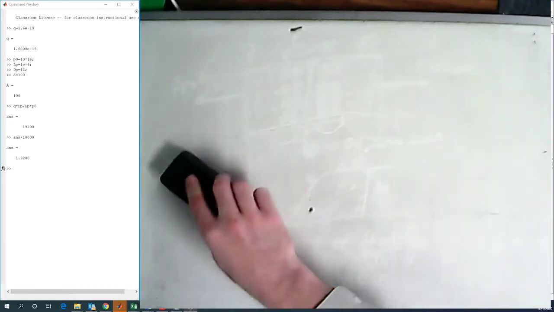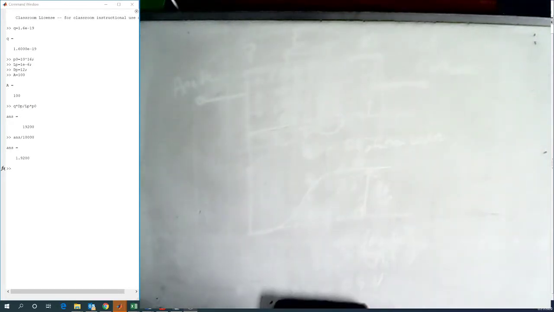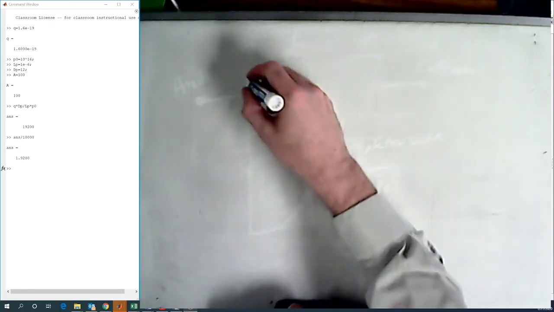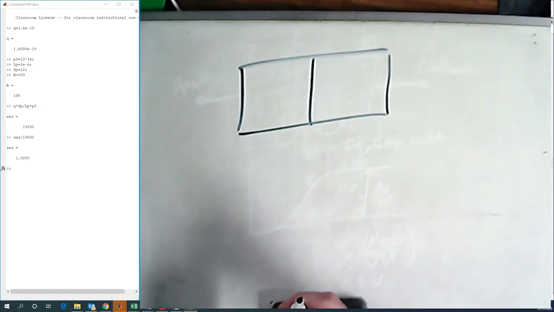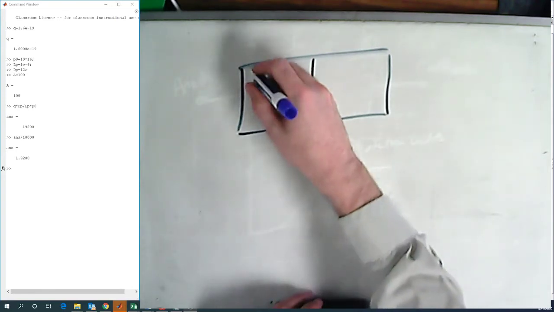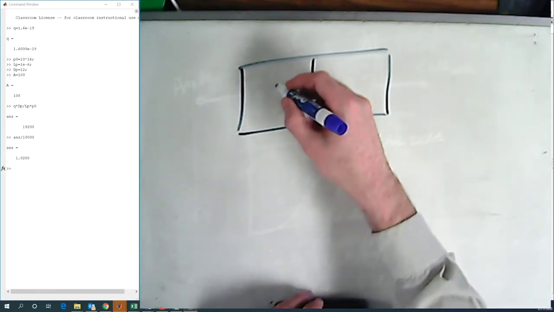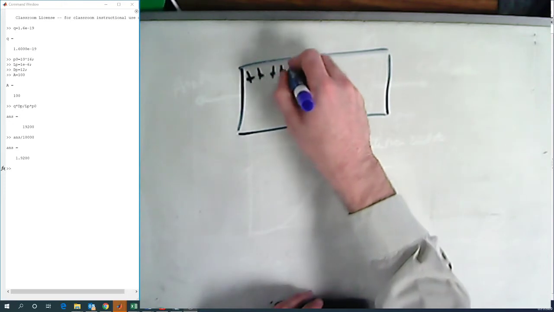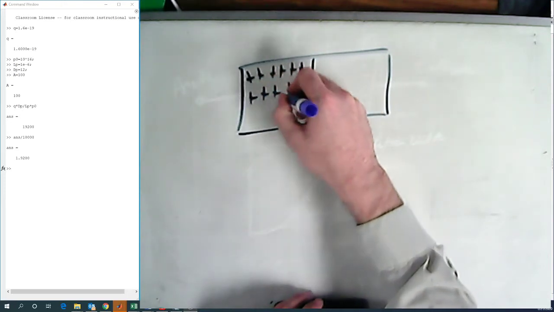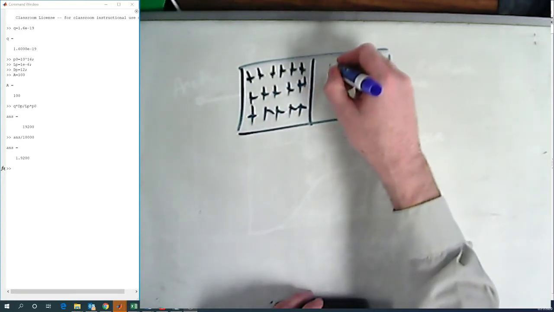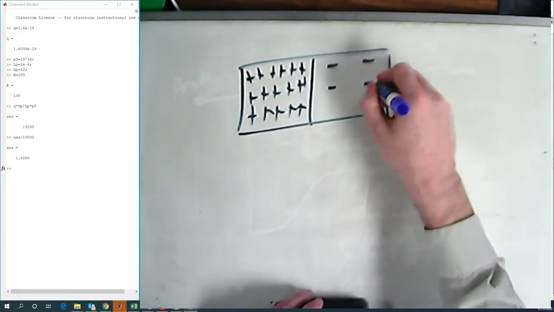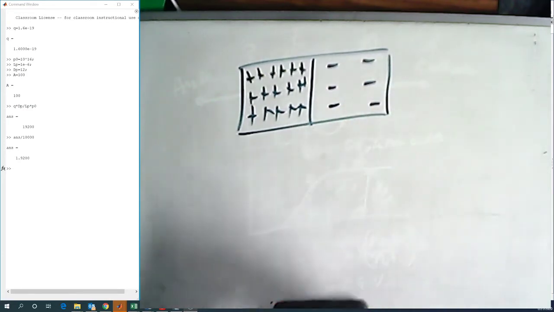Now, we're going to have to start from scratch here. And let's just say for a second that there's my junction. Let's just say that I unevenly distribute. In other words, I have way more holes than I do electrons. Okay, so lots. And over here I have an occasional electron.